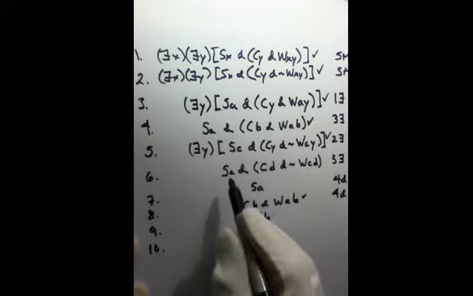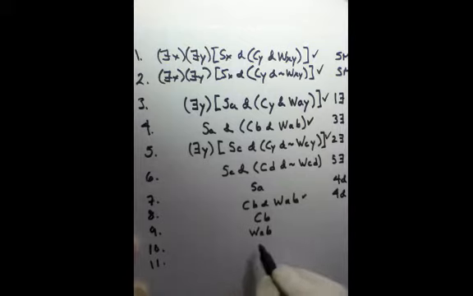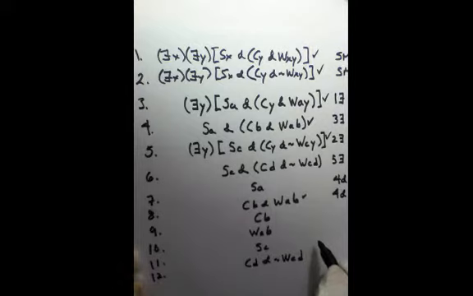And likewise, we can do the same thing with line 6, so we can write down Sc and then Cd ampersand not Wcd, and these last two lines, 11 and 12, come from 6 by conjunction decomposition.